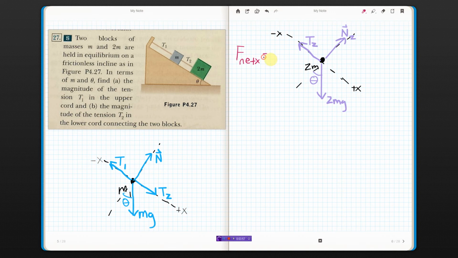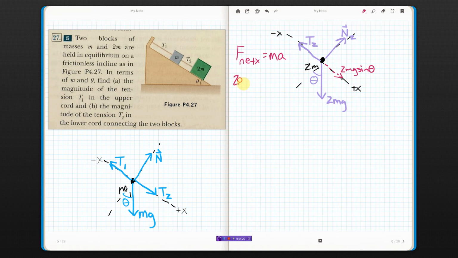F net in the x direction is ma. The only thing pulling down the slope in the positive direction is the part of gravity that is in the x direction, so this bit. That is going to be 2mg sine theta. We did that in class.